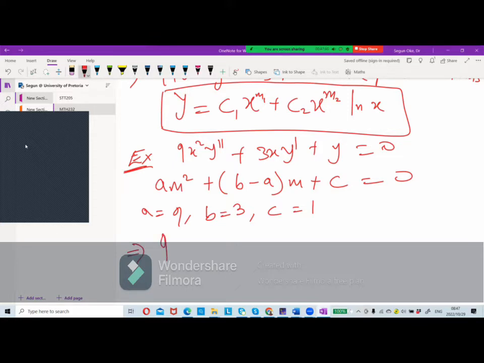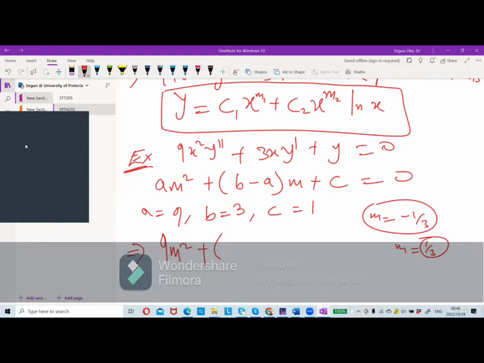So we have 9m squared minus... M is minus 1 over 3? M is 1 over 3? Is that your answer? Yes, sir.